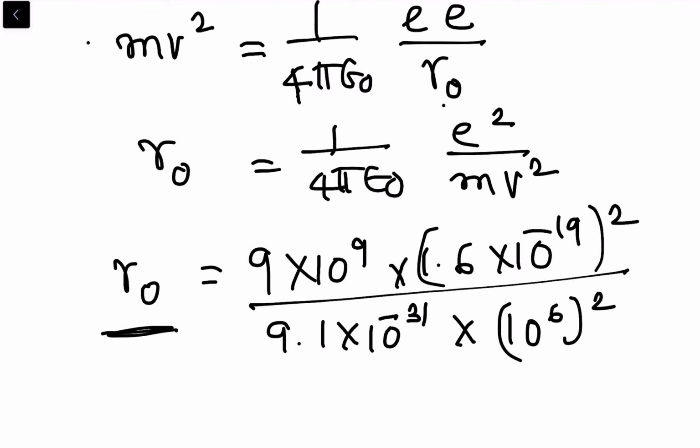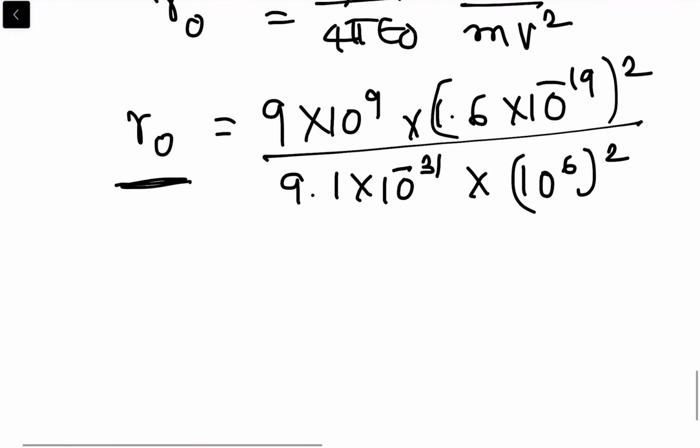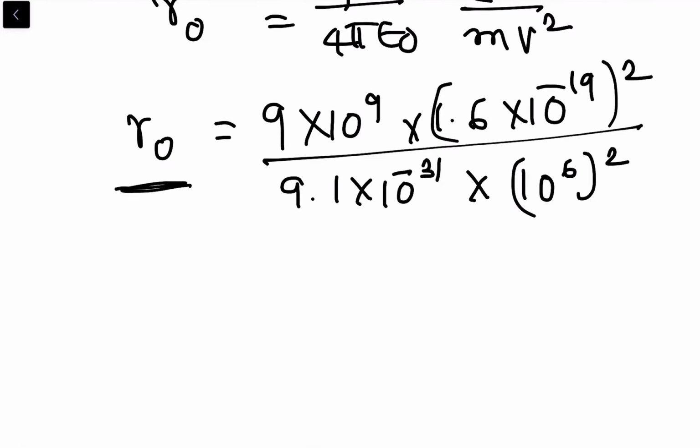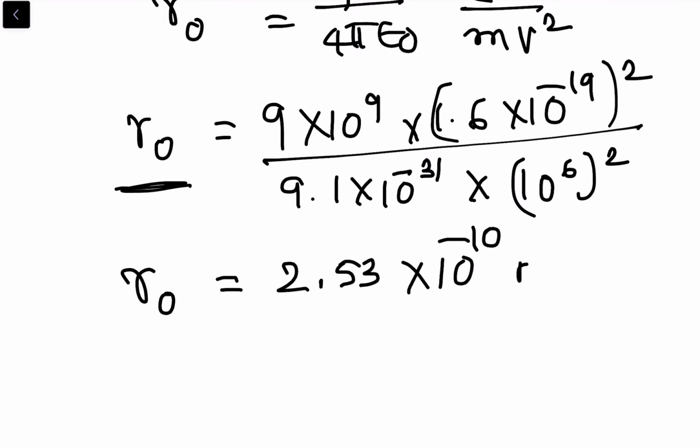Let's continue. We will simplify it, and after doing the calculations, which I am not showing here because it may take quite a long time, that is equal to 2.53 into 10 to the power of minus 10 meters.